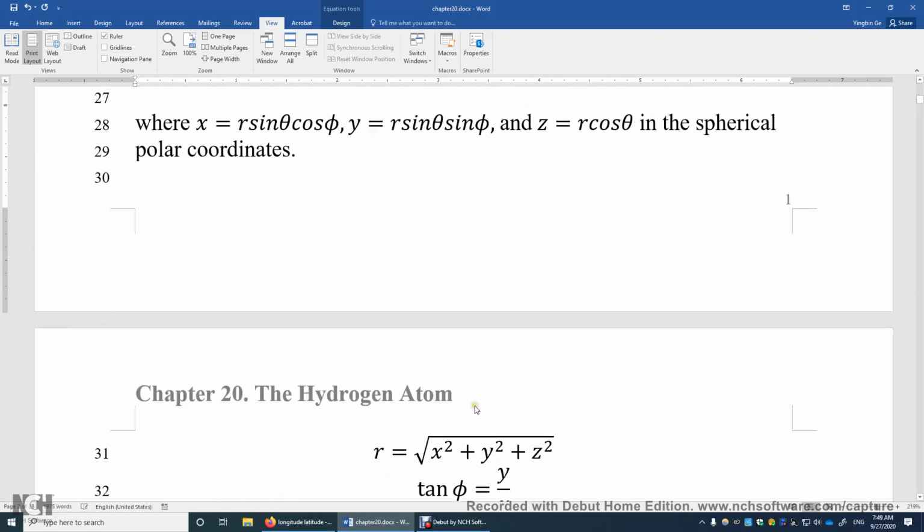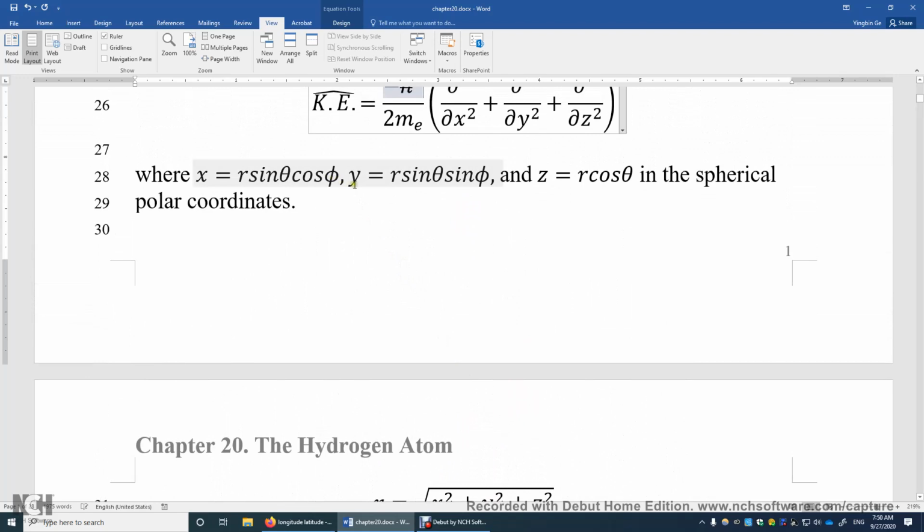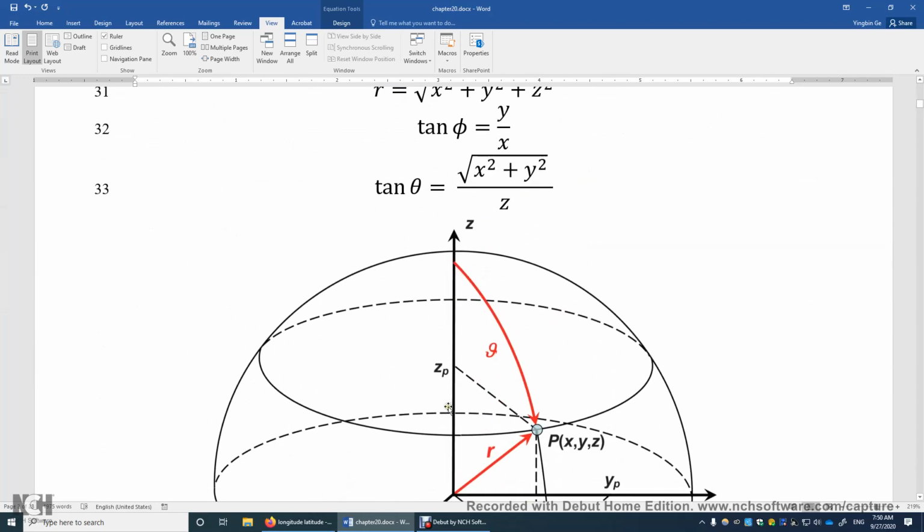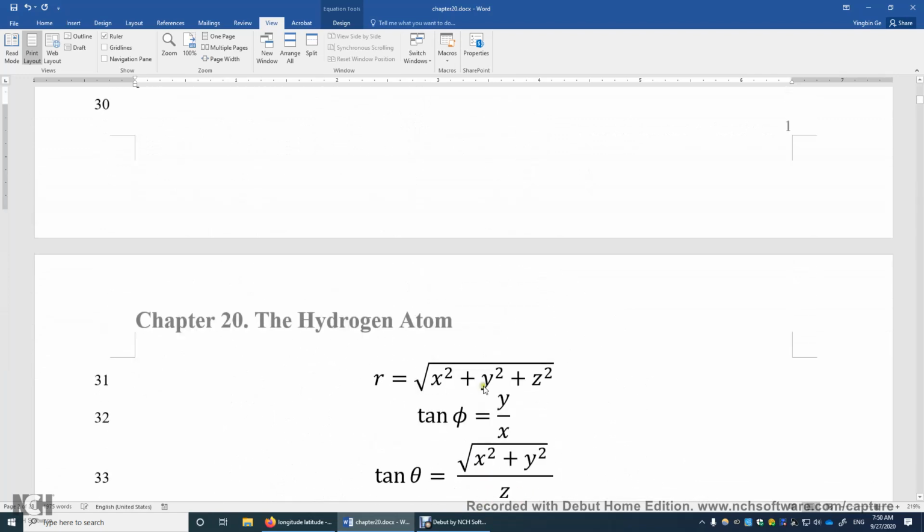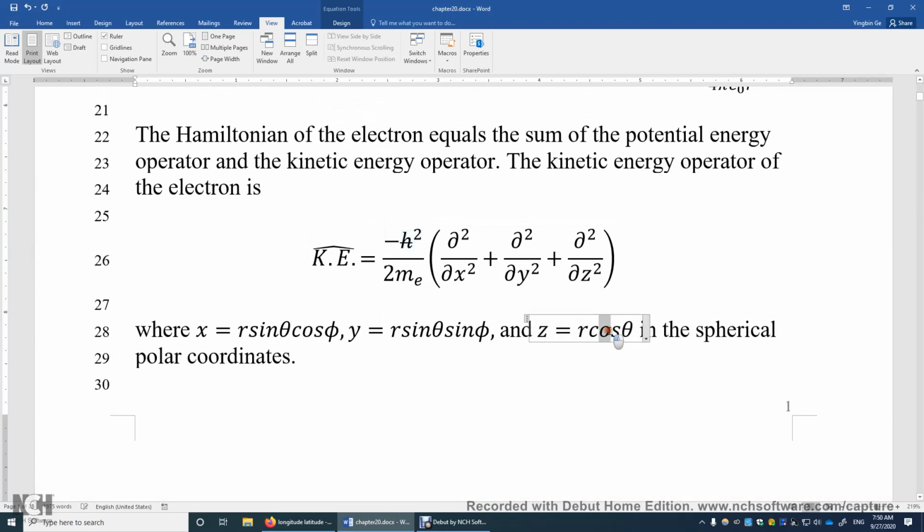Now let's get back to the conversion. So we want to look at the conversion here. Z is r times cosine theta. So this angle is theta. So that's pretty easy to see. And then to define x and y, we need to understand that if we project the r vector onto the xy plane, well, the length of that vector on the xy plane is r times sine theta.